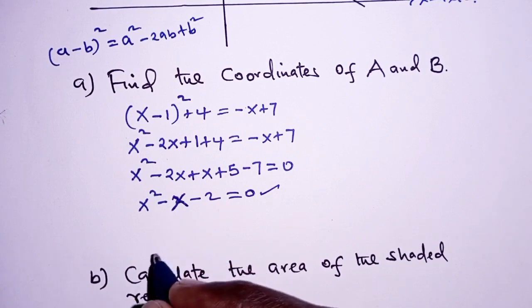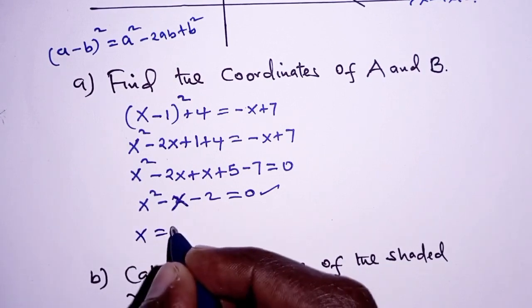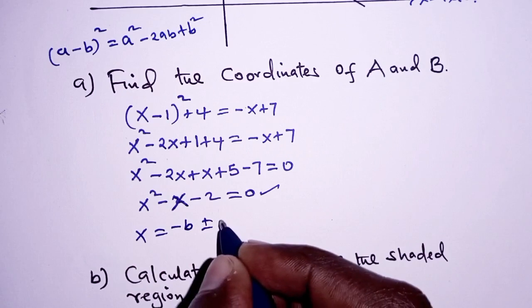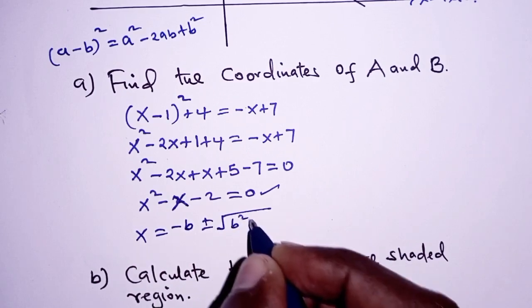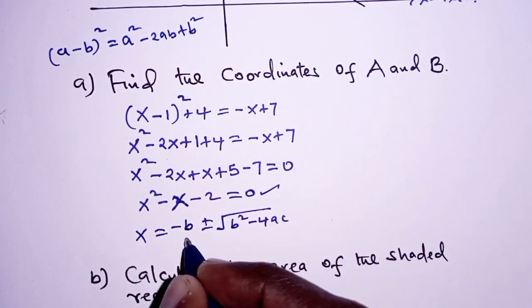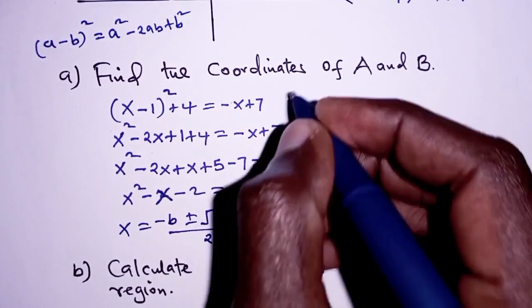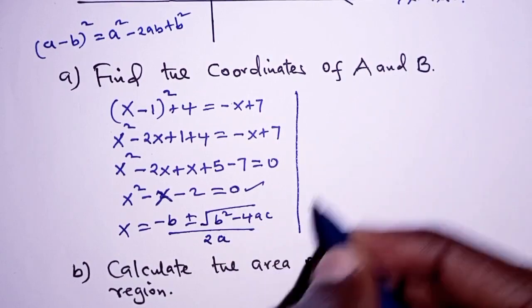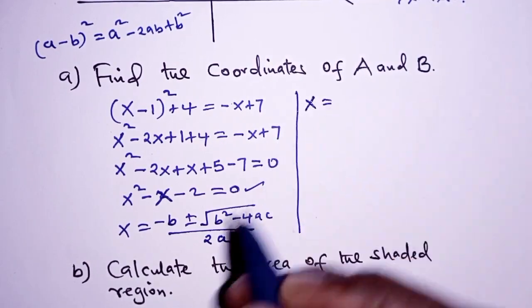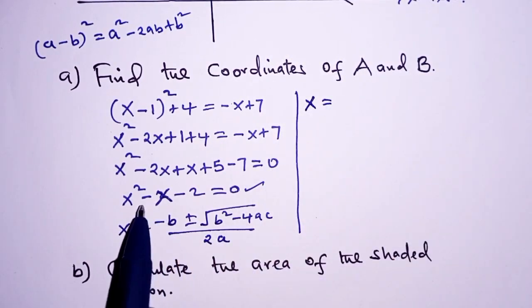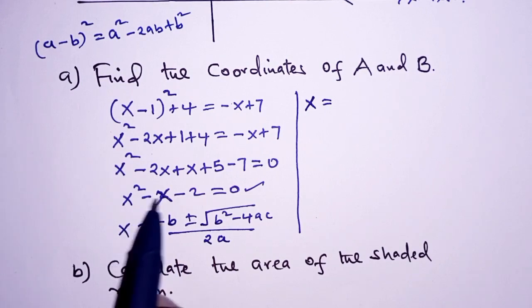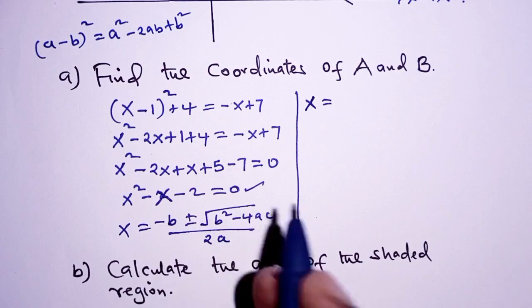So the task here is to solve this quadratic equation, and I'm going to use the quadratic formula. x is equal to negative b plus or minus the square root of b squared minus 4ac, all over twice a. So b is the coefficient of x here, which is negative 1. We have negative x, so it's negative 1. So the negative of negative 1, that is negative b, is positive 1.